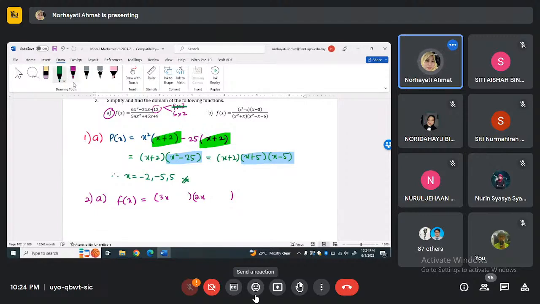Okay, 6 and 2. Apa tadi? Okay. Saya dah confused. Ini darab ini kan? So, kita ada 12x and 6x. Tak boleh juga kan? Tak boleh faktor ke dia?